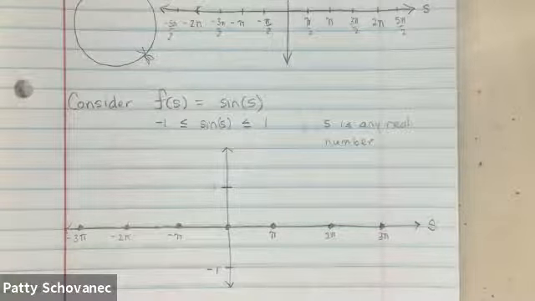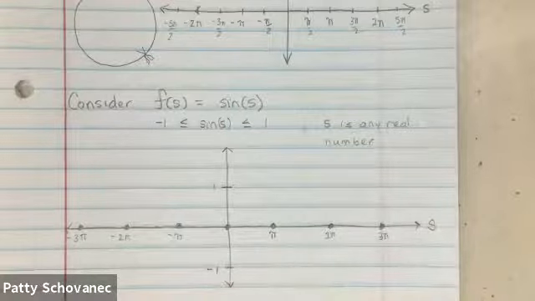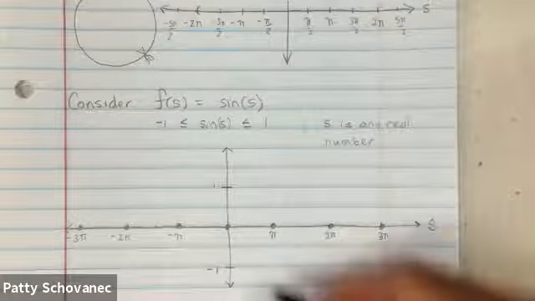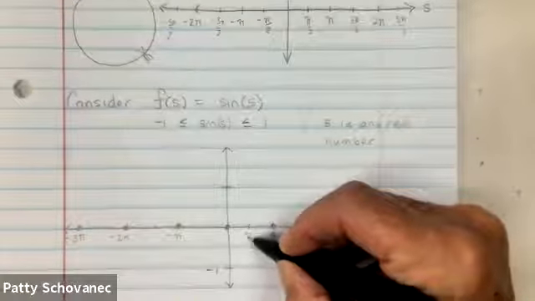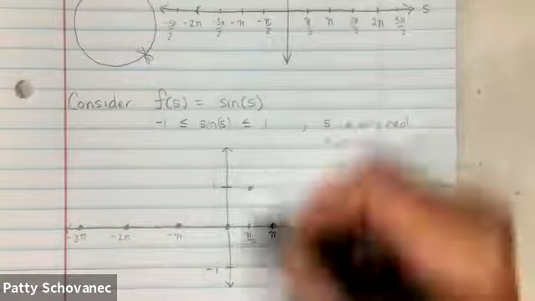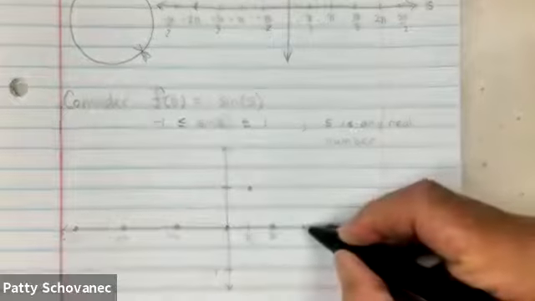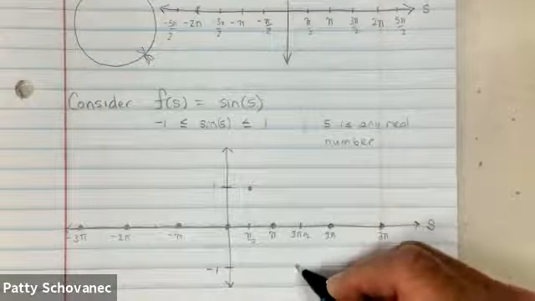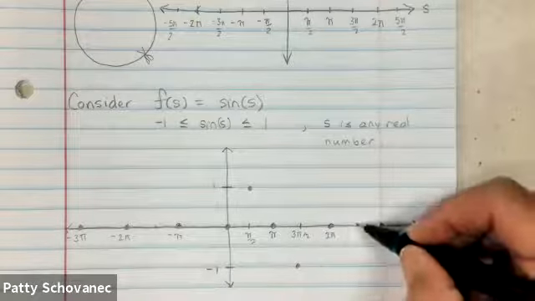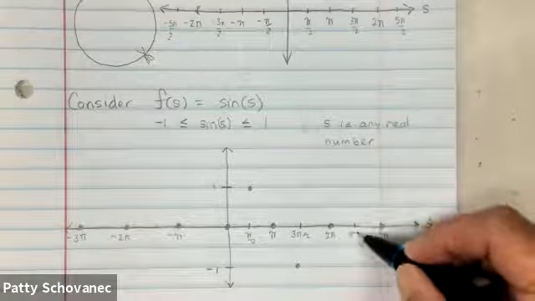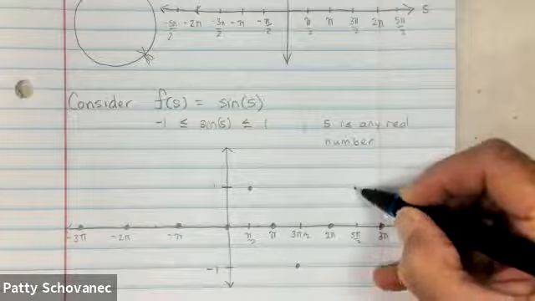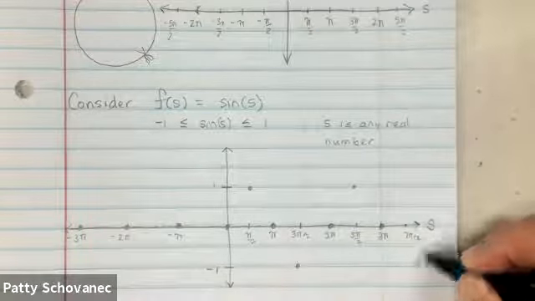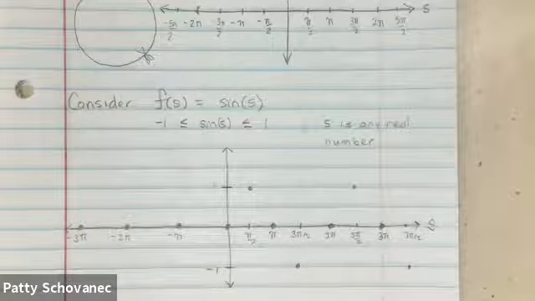So at every other pi halves, this sine function takes on a value of 1. So here, at 3 pi halves, it's at -1. Then once I'm back up at 5 pi halves, we're back to 1. 7 pi halves, we're back down to -1.